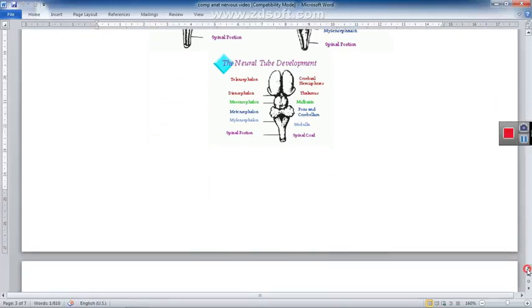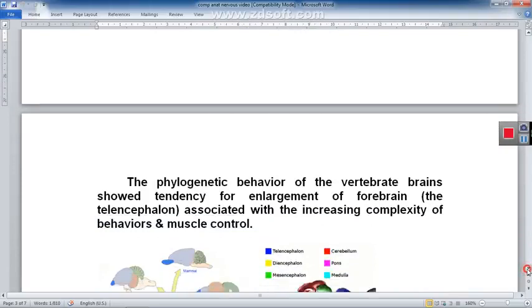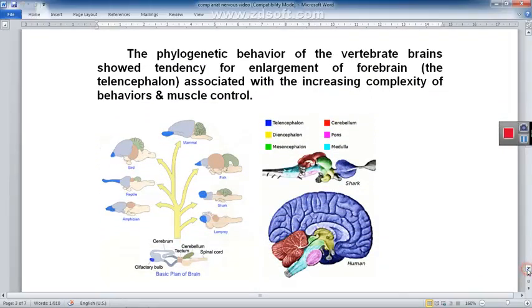Now we must discuss the subject of the evolution of the brain. Generally, the phylogenetic behavior of the brain shows a tendency to increase the size of the forebrain, mainly the telencephalon. And therefore, if you compare the brain of various vertebrates which are at various stages of evolution, you will see that the difference between them is mainly in the size of the telencephalon.